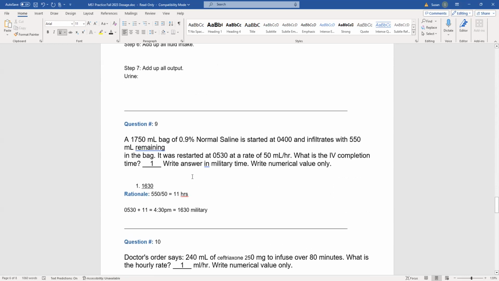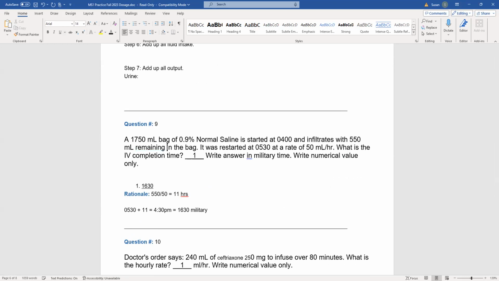All right, let's look at number 9. For this one, you had to calculate the completion time. In order to do that, you need the total volume that you started with. So it's going to be 550, right?